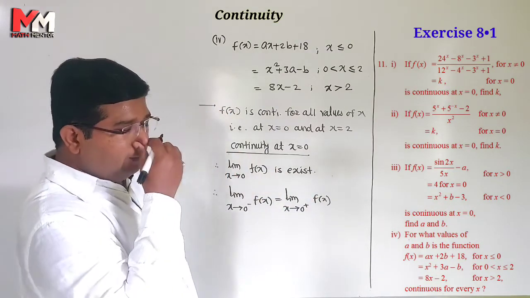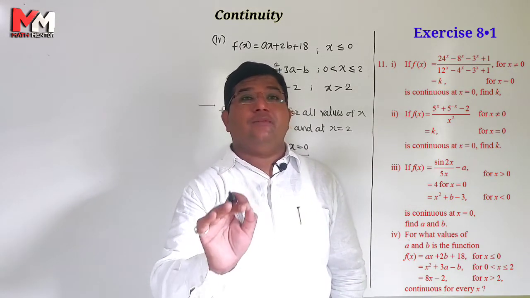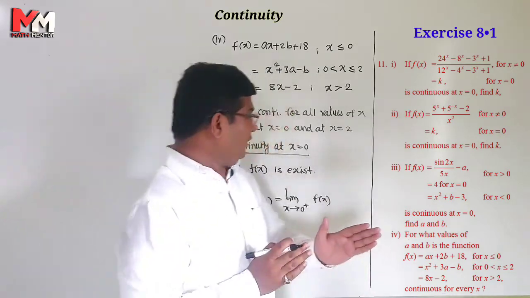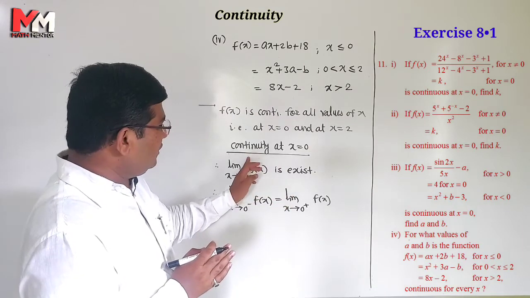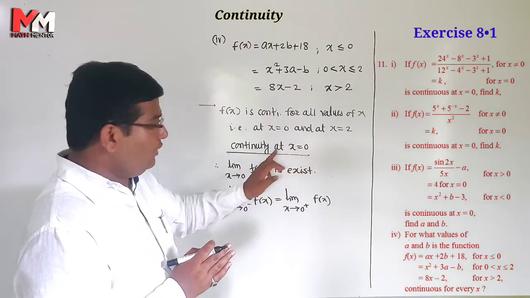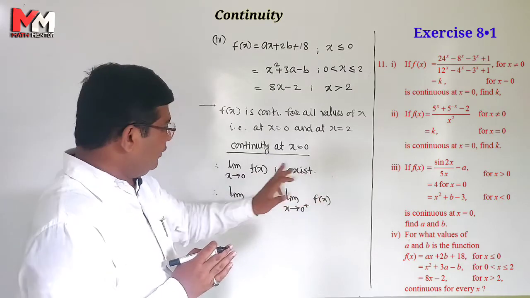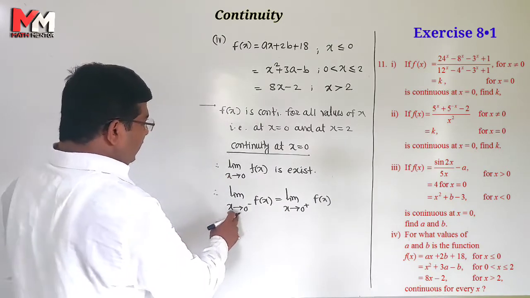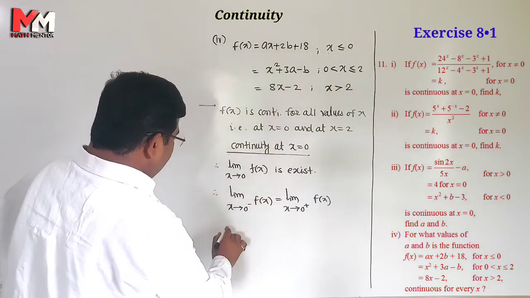So the limit of the function exists when the function is continuous. अगर function इस point पे continuous है, it means what? Limit of this function at x tends to 0 exists. So exist means left hand limit is equal to right hand limit. So x tends to 0 minus means x is less than 0. So ये function हमें लेना पड़ेगा.